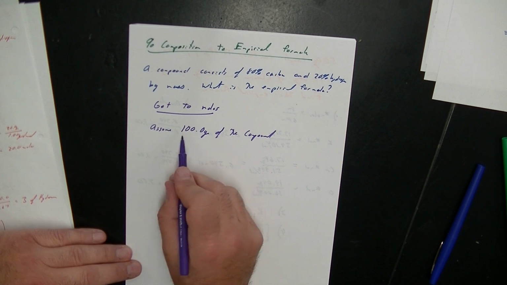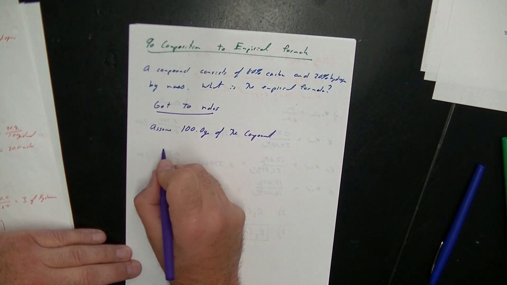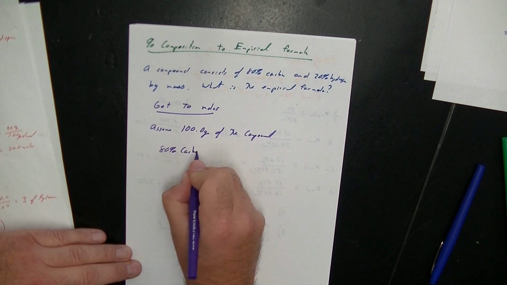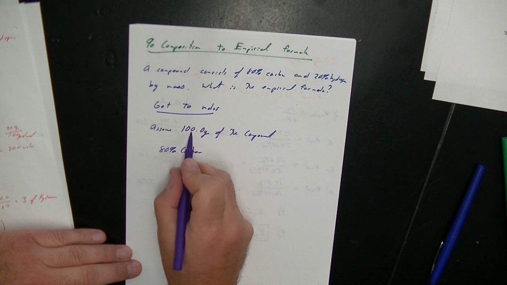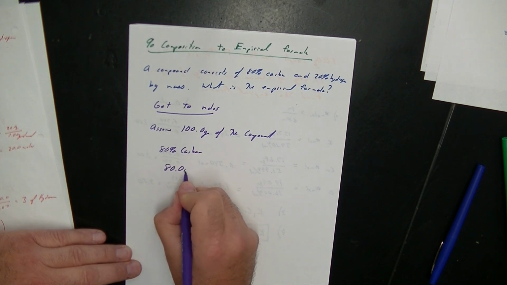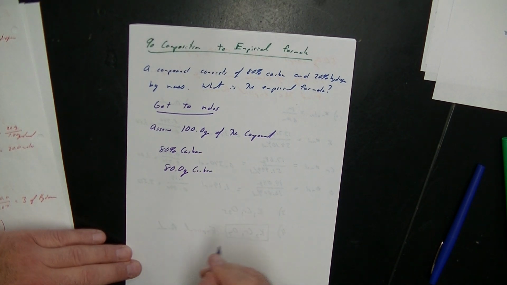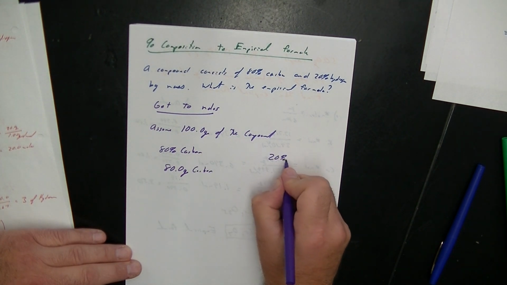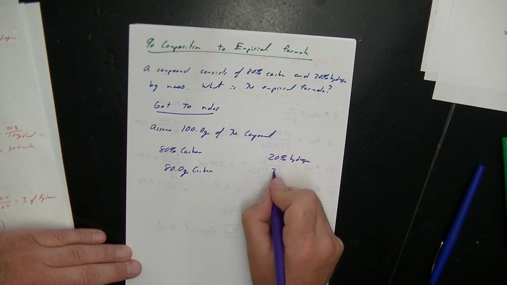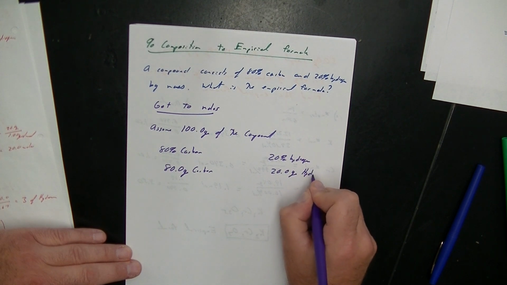So if I have 100 grams of this compound, we know that 80% is carbon. So what's 80% of 100? That means I have 80.0 grams of carbon. We know that 20% is hydrogen. So that means I would have 20.0 grams of hydrogen.